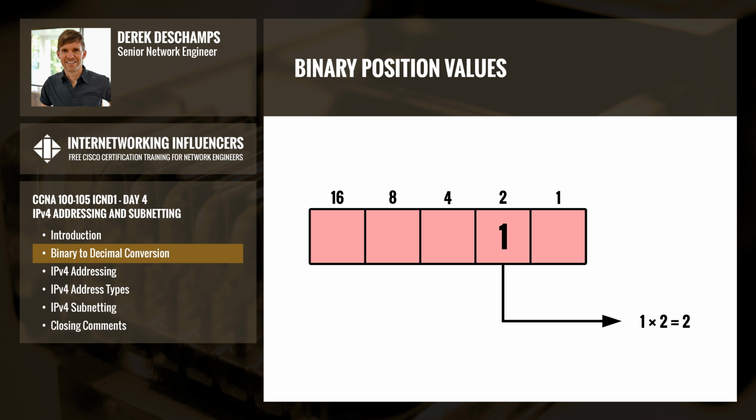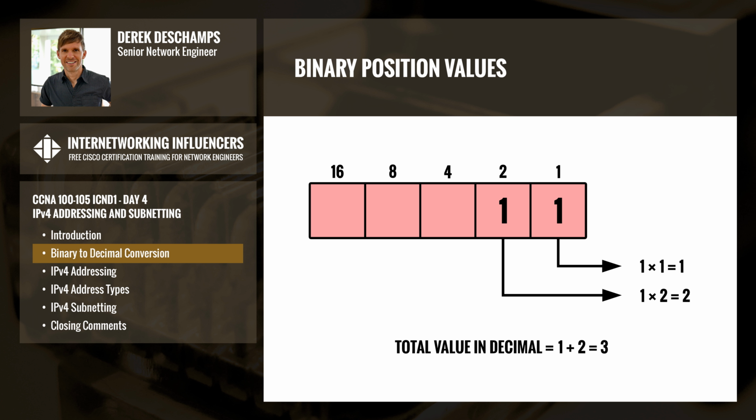So we take 1 times 2, which equals 2. So if we have the binary number 1, 1, we have the number 1 in the first position from the right, and the number 1 in the second position. We take 1 times 1, which equals 1 from the first position, and 1 times 2, which equals 2 from the second position, and add them together, giving us a total value in decimal of 3.